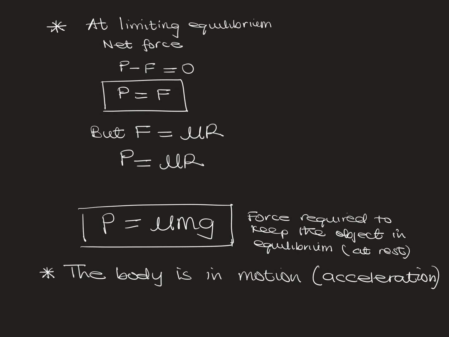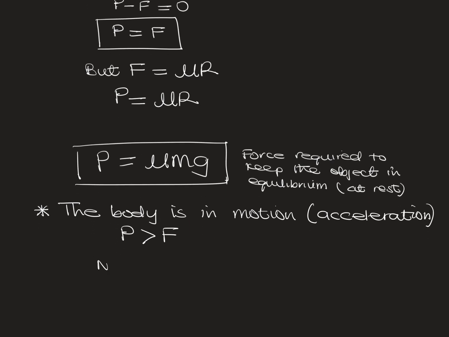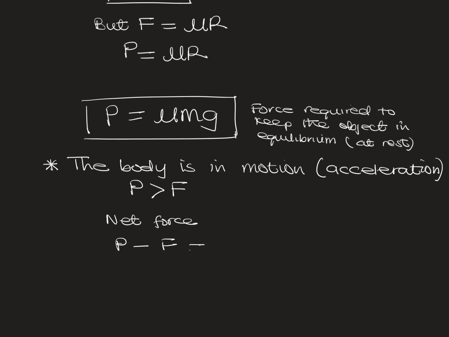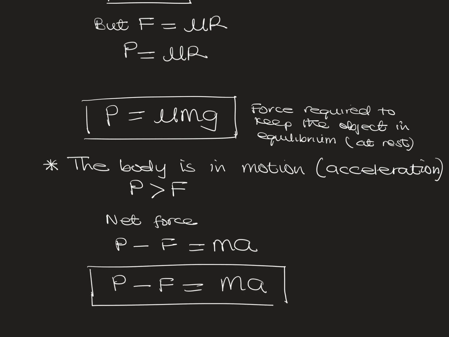So it means the applied force must be greater than the frictional force if at all the body is to move, right? So the net force will be equal to P minus F. So that is equal to, according to Newton's second law of motion, the net force is equal to mass times acceleration. So P minus F is equal to ma is an important formula to remember when you are dealing with a circumstance where there is acceleration.